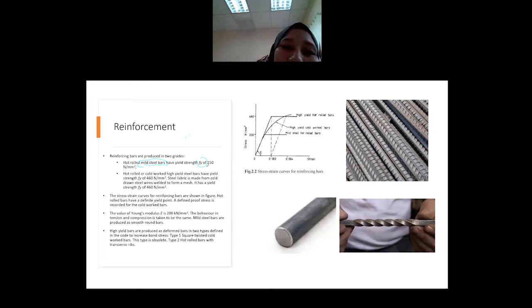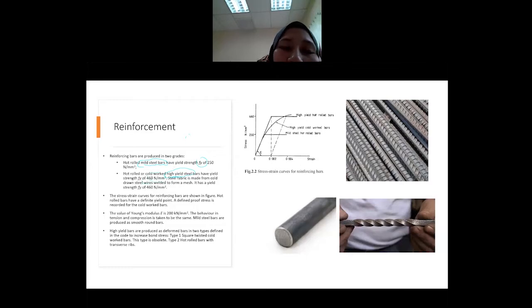Okay, and then another one here, we have a hot roll or cold work high yield steel bar. So this one adalah high yield steel bar. So high yield steel bar, dia ada hot roll and also cold work. Okay, so I rasa you dah belajar kot about steel, so you know what is hot roll and what is cold work. Okay, so the strength is 460.